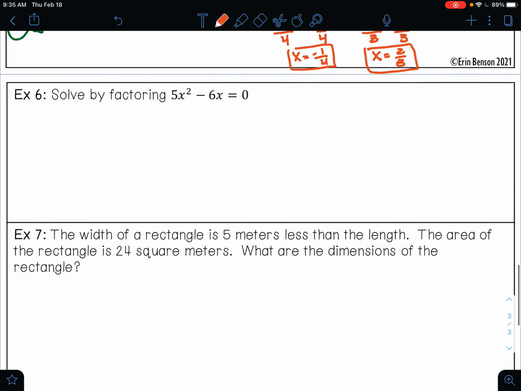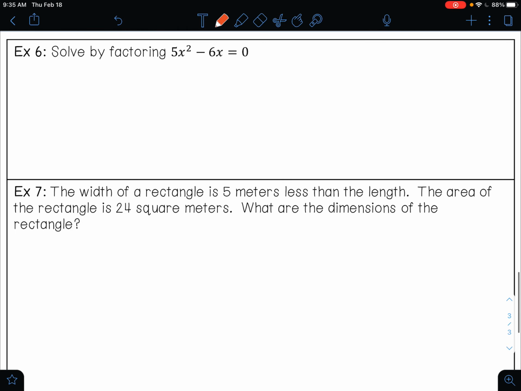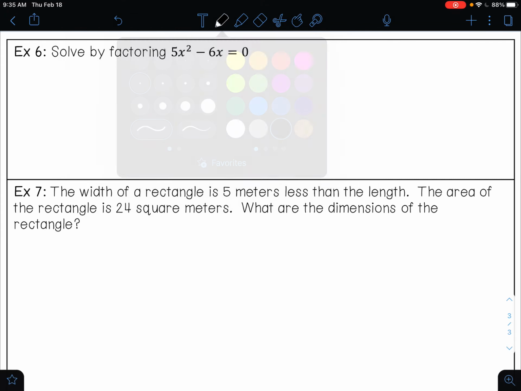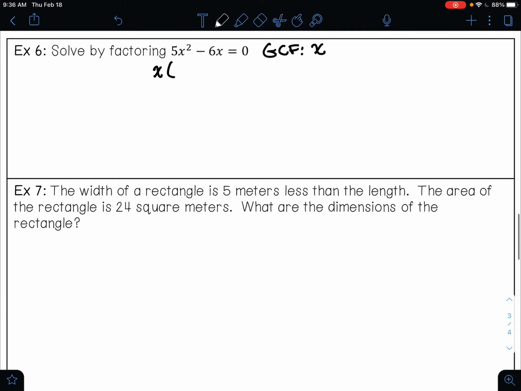Let's look at example 6. It says solve by factoring. So our first step when we're solving by factoring is to look for a greatest common factor. Here I can see that my greatest common factor is x. So I'm going to go ahead and factor that out. When I do that, I'll have x times 5x minus 6 equals 0.